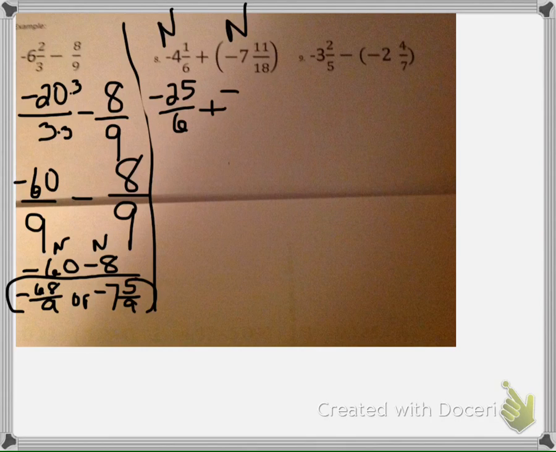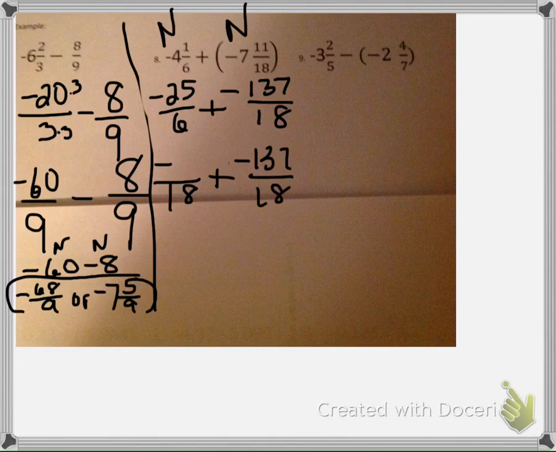That would be 126 plus 11 is 137 over 18. And you're dealing with big numbers, and that's why this isn't fun to do. Okay, this one will stay the same. Our common denominator is still 18. 6 times 3 is 18, so 25 times 3 is 75.